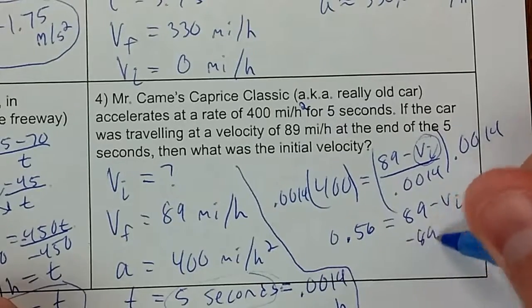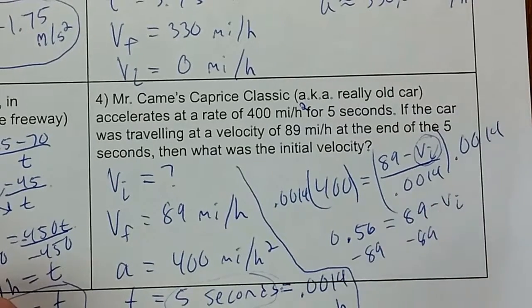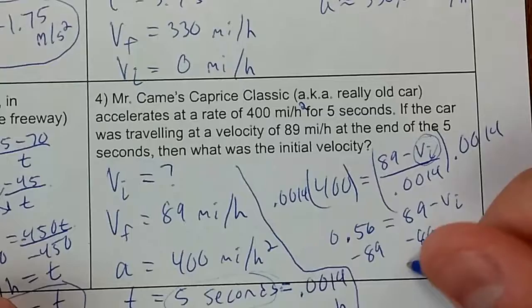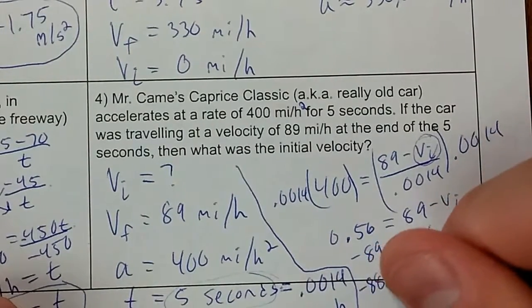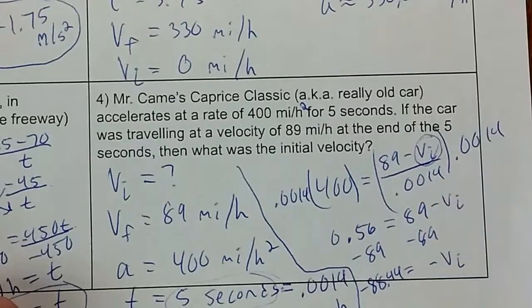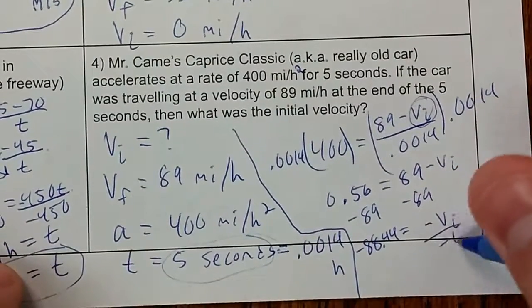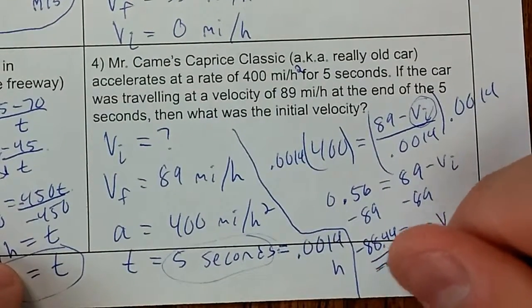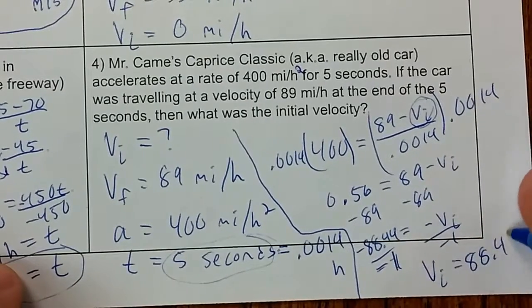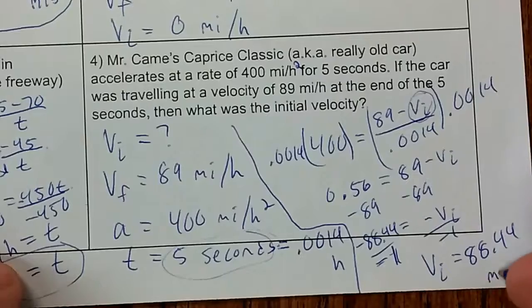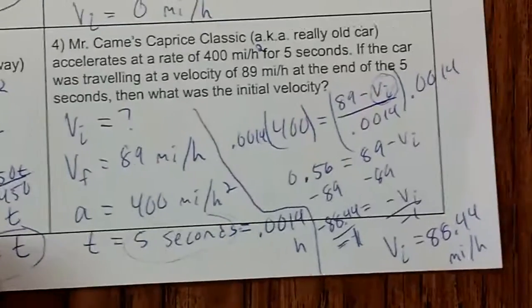You're going to subtract 89 from both sides. When you do that, you get negative 88.44. And the last step, divide by negative 1. Just gives you the opposite number here. Velocity initial is 88.44 miles per hour.